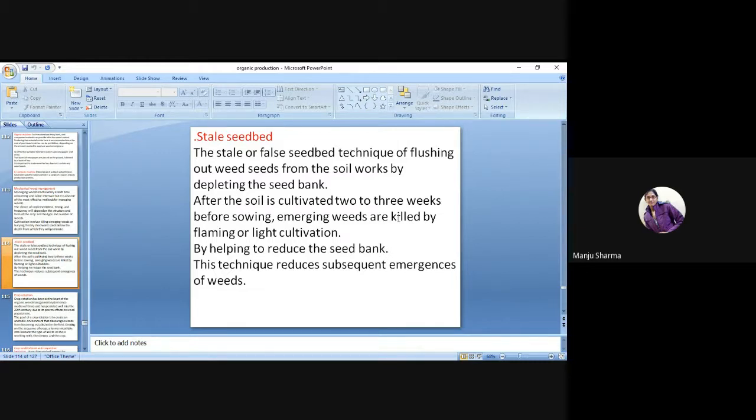After the soil is cultivated, 2 to 3 weeks before the sowing, emerging weeds are killed by flaming or light cultivation. So by helping to reduce the seed bank, this technique reduces subsequent emergence of weeds.